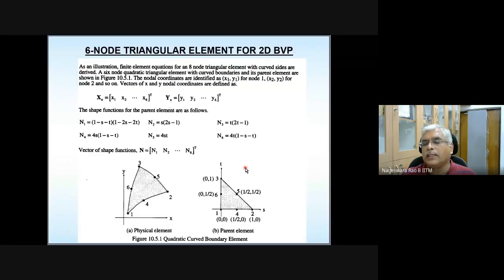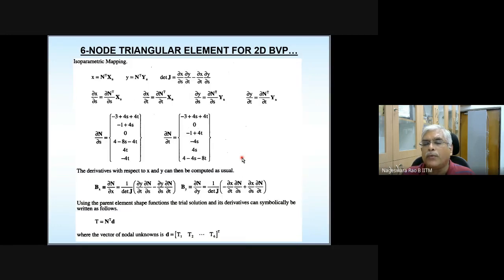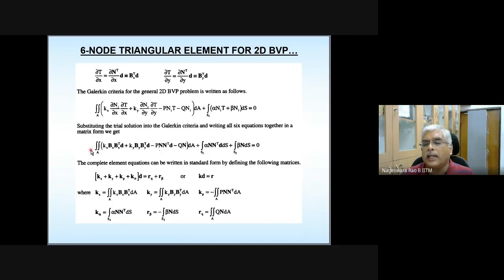So with all this, you should be able to substitute these finite element shape functions irrespective of whether you choose 3-node triangular element or 6-node triangular element. You choose the corresponding shape functions and then simplify all these quantities. And these integrals, instead of evaluating over a rectangular domain for quadrilateral element, now you can do it over a triangular domain.